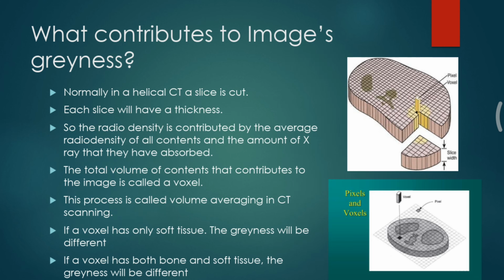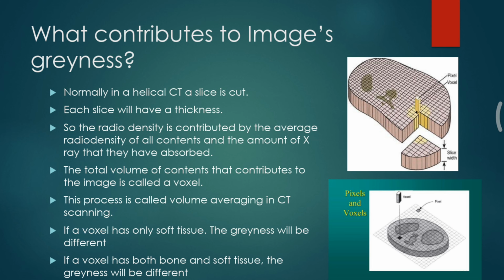So you know what a pixel is. Now when the CT goes, each slice has a specific thickness. If you look under a single pixel, you will see that there is a thick structure of the basic tissue.